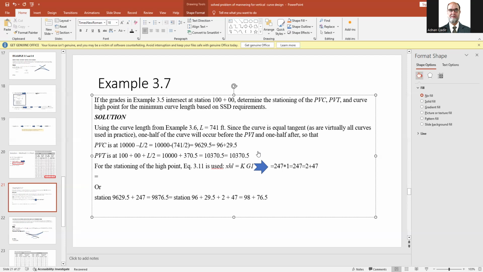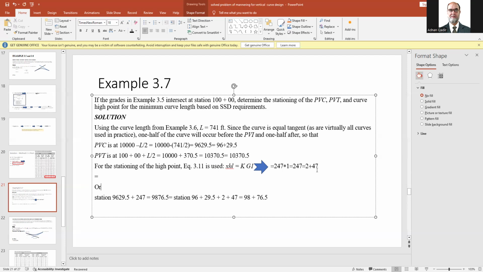For the high point, because this is a crest curve, it's very simple. The formula is given as XHL is equal to K times G1. K is 247 and G1 is 1. So that's 247. Simple, and conventionally write 2 plus 47.